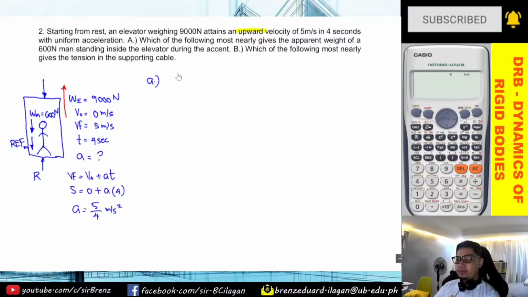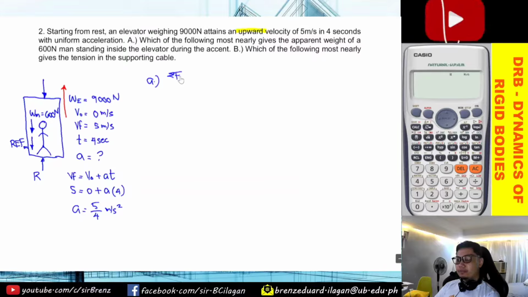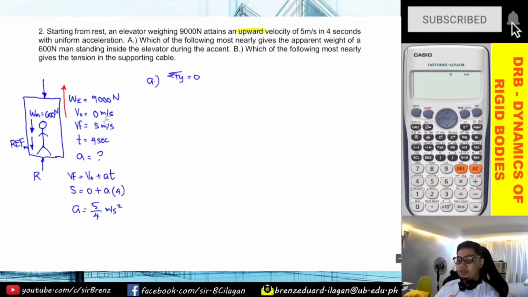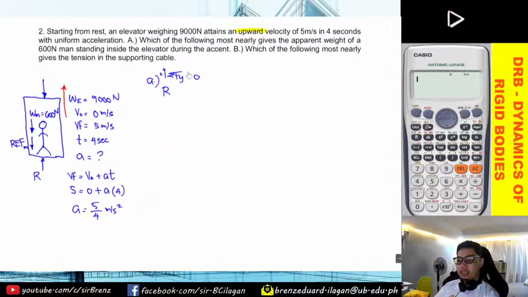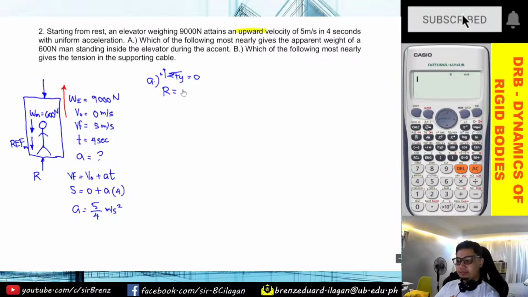Okay? So in short, kapag nag-summation tayo ng forces sa y equals to 0, ito yung magiging ano natin. Let's just say na assuming upward as positive. So yung R, or yung reaction ng man sa floor, transpose ko na lang sa kabila, para maging positive yung 600, or yung weight, plus yung REF nung man.